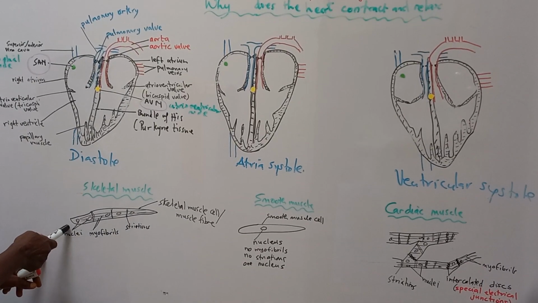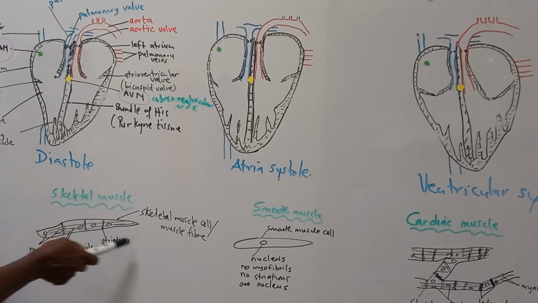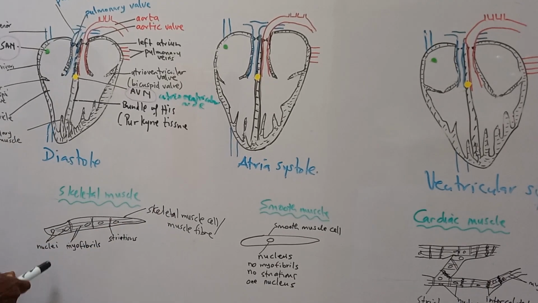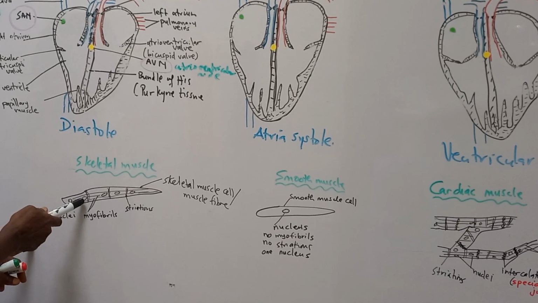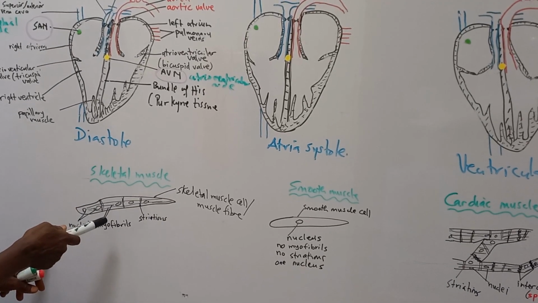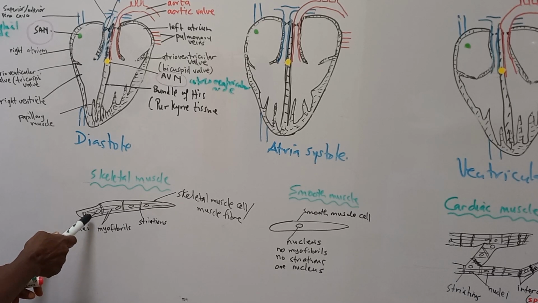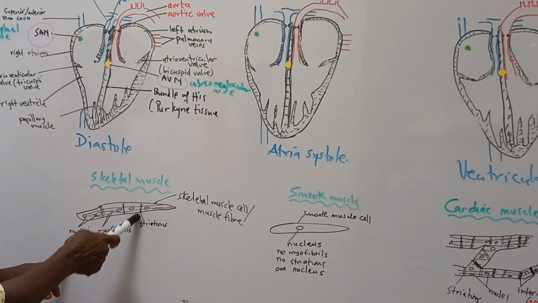Now, this is one skeletal muscle cell, a myocyte, also known as a muscle fiber. This is how it looks: spindle-shaped, with multiple nuclei, a lot of nuclei in the cell. The cytoplasm is sarcoplasm. Then it has fibrils, myofibrils, and then they have striations.